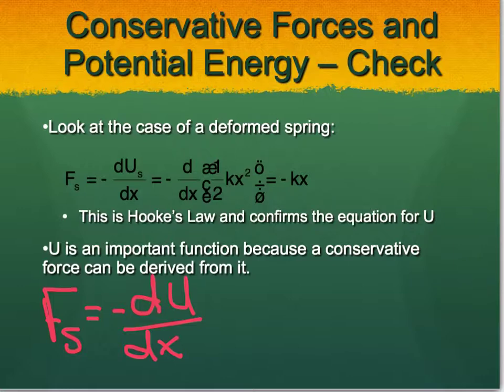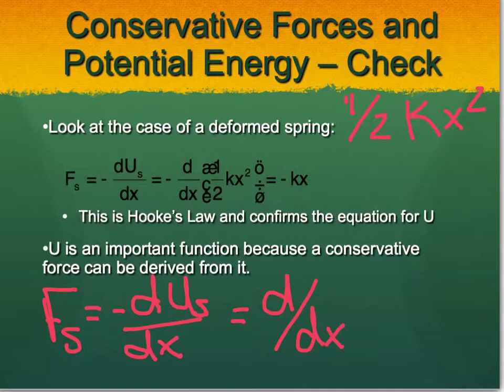Now, if this is a spring, I want to think about the potential energy in terms of a spring. We know that we can also find the work done by an external agent on a spring, because we know that's equal to 1/2 kx squared. So let's actually find the derivative with respect to x for 1/2 kx squared.